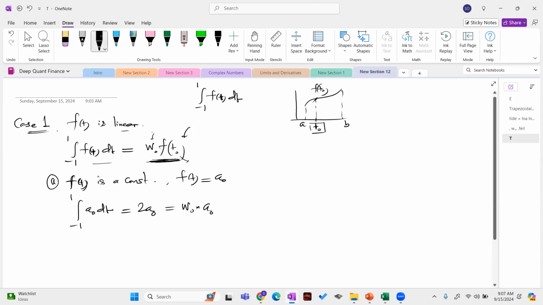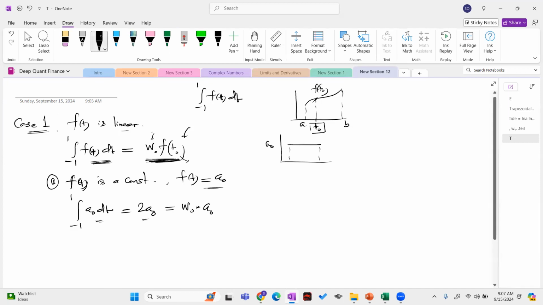Are you with me? So I'm trying to match this exact integral with this approximation, the numerical sum, as an exact match. That is what I'm trying to achieve. The two parameters I can choose are w0 and t0. If f(t) is a constant, it will be of this form, f(t) equal to some a0, always constant, everywhere constant. So this integral goes from -1 to +1.